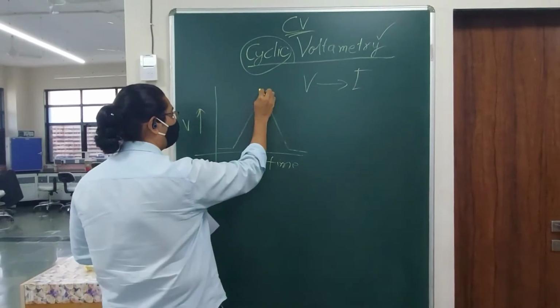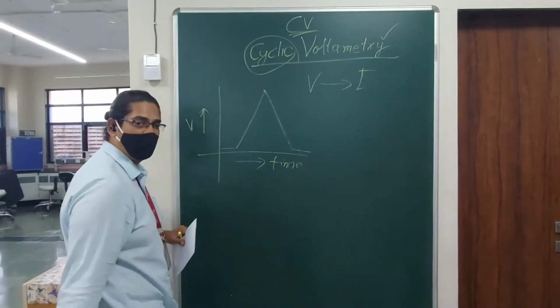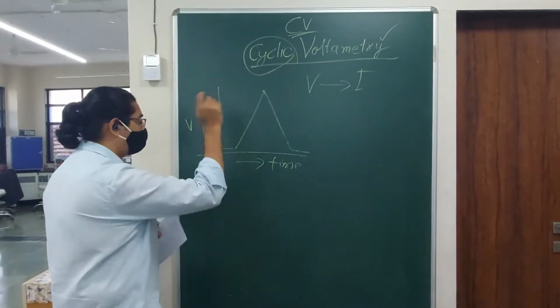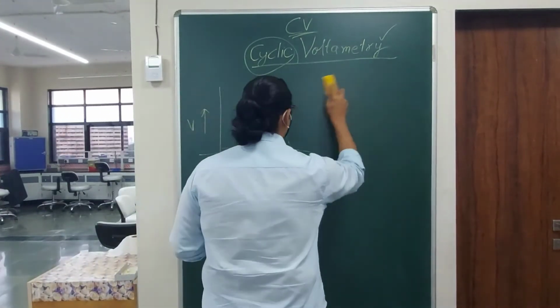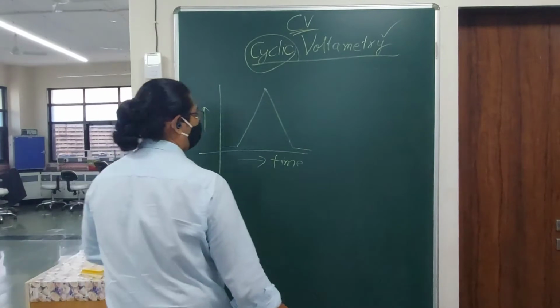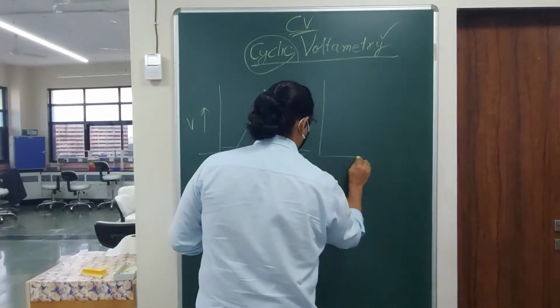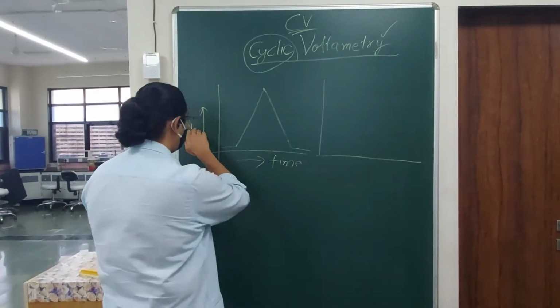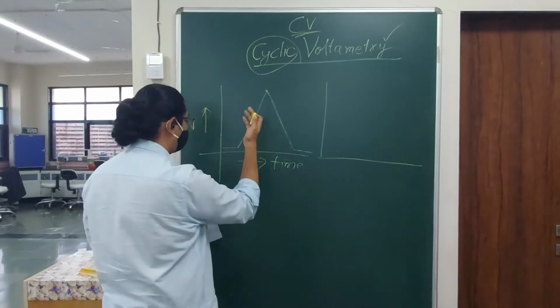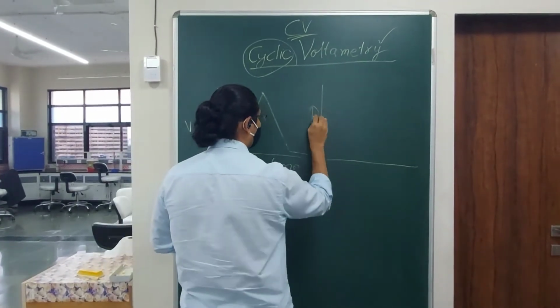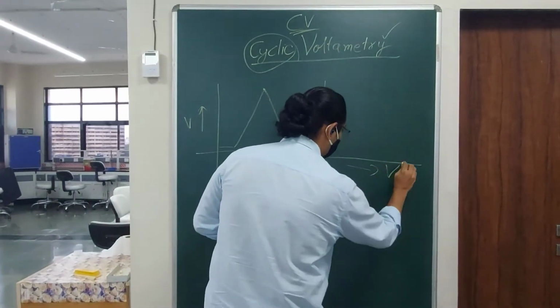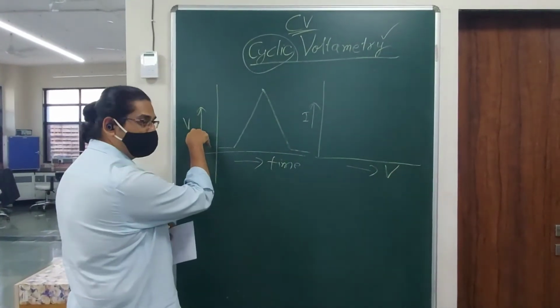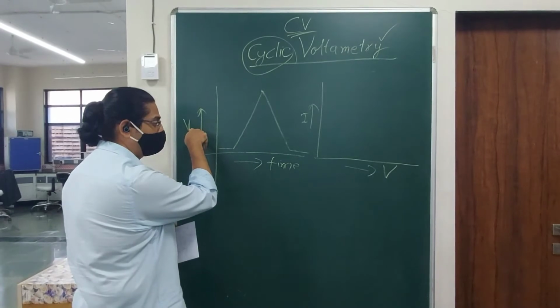You ramp up the voltage and then you come back, right. Because of this, what happens? Let me get some space for you. You see what the effect is on the current when you change this potential.